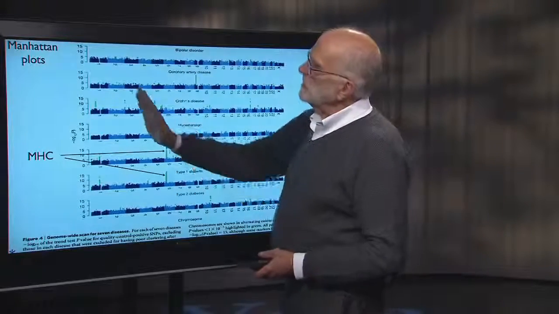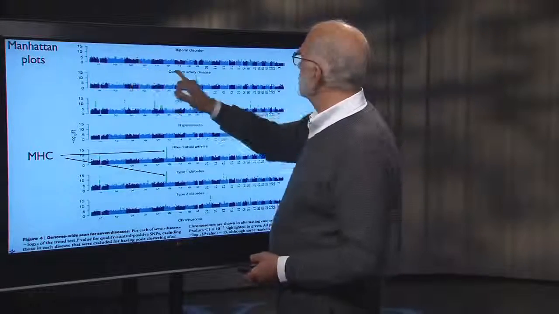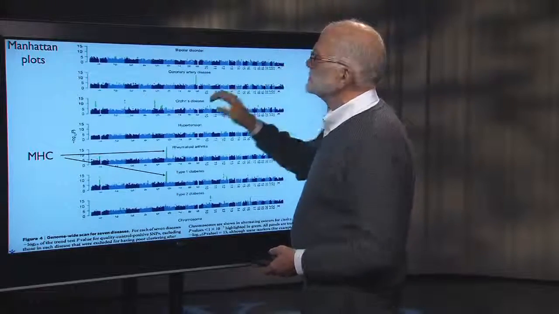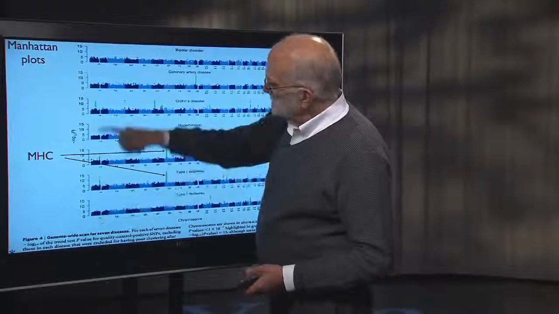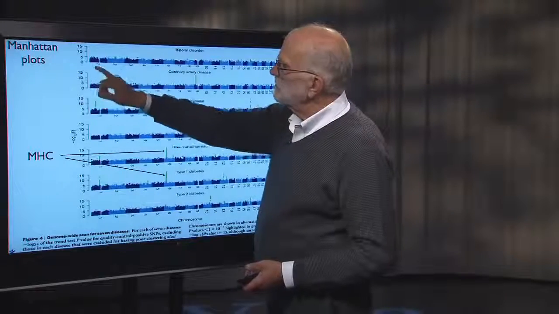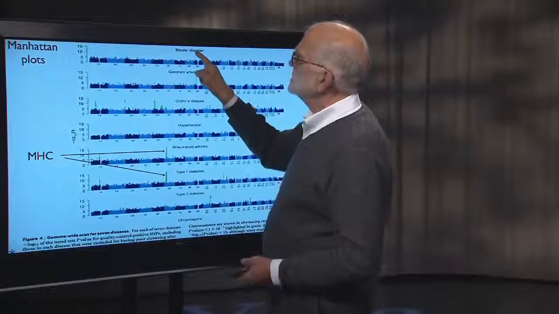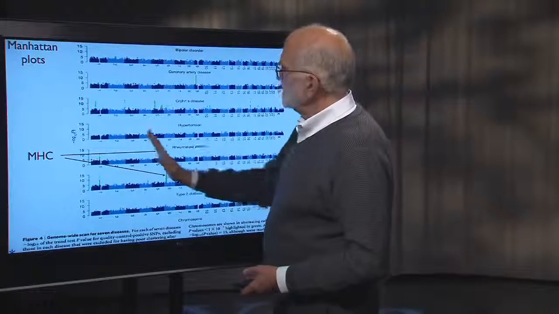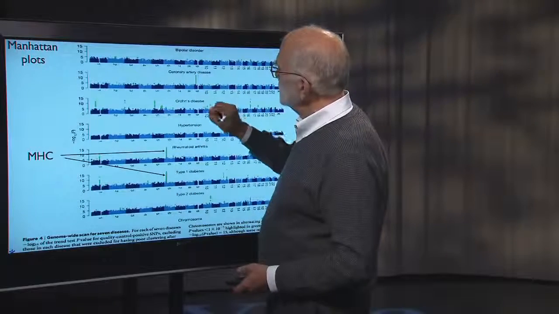What you see here are the human chromosomes laid out end to end, chromosome 1, 2, 3, up to the X chromosome. So this is the whole human genome. And this axis over here is the probability that a particular genetic variant has a significant impact on the disease. And so as you walk across this, you see some things that stand out, okay?